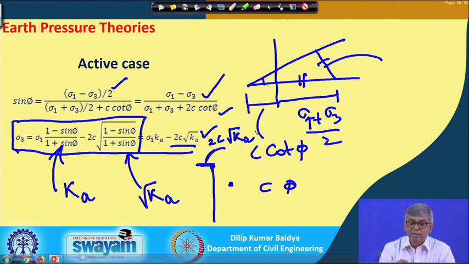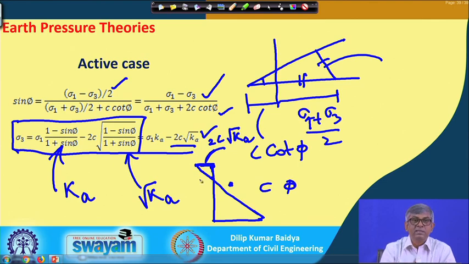When you go deeper and deeper, this minus value will be reduced, because when h is some small value it will be plus and this is minus. So it will be reduced, and at some depth it will become 0, and then when you further increase the depth, it will become a positive value like this.